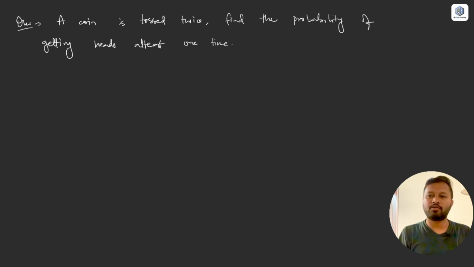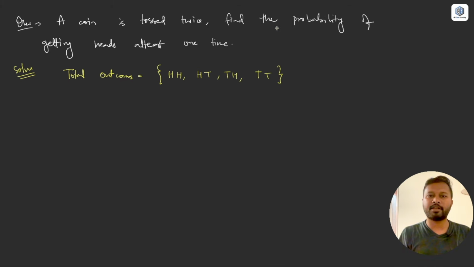Okay, so to solve such a question, you have to understand what is being asked. First of all, the coin is tossed two times. So the total number of outcomes will be, it's easy to write them down: head head, head tails, tail head, and tail tail.